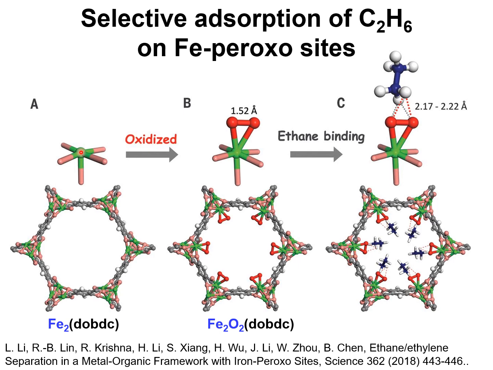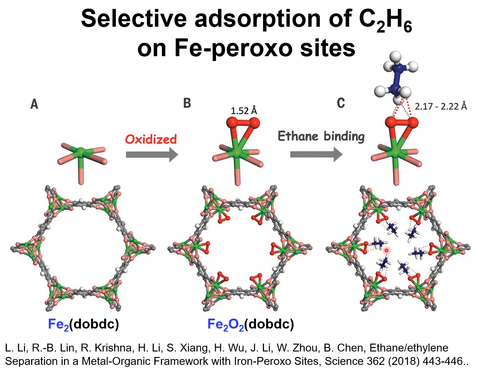These open metal sites may be oxidized to form iron peroxosites shown by these red triangles here.